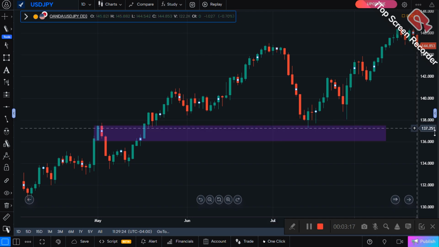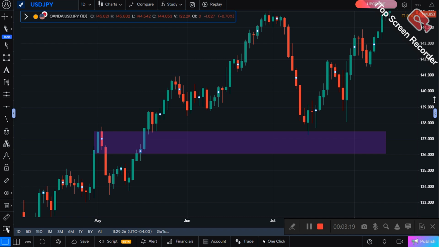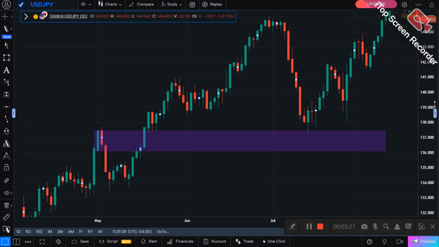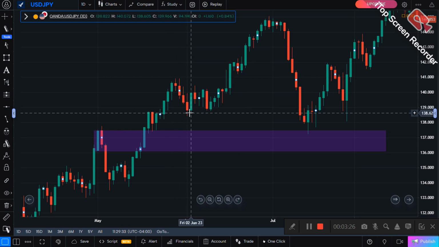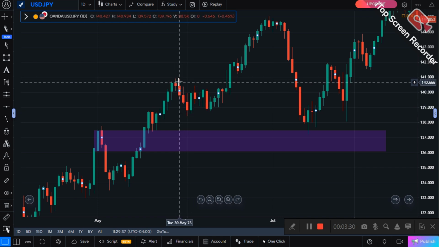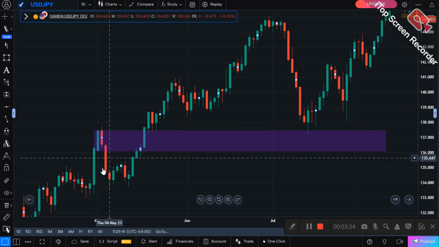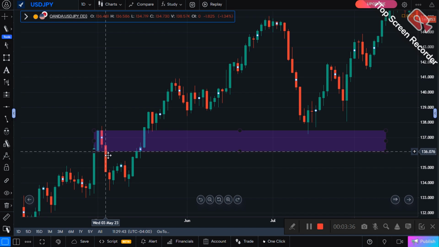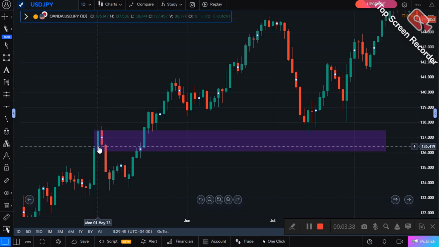So what is the recent low before this? This is a recent low. This is a little bit smaller recent low. So this is a big recent low, which makes a fair value gap right there.